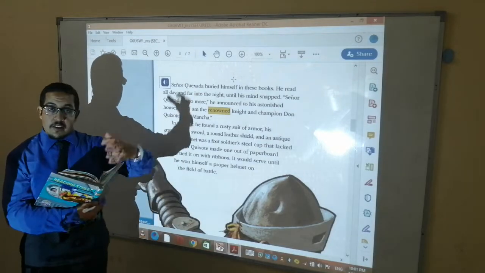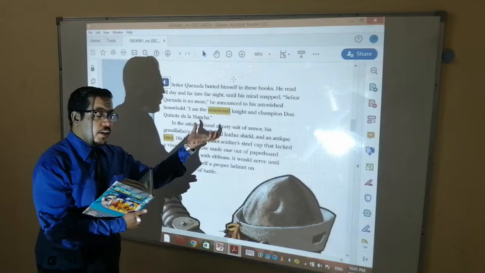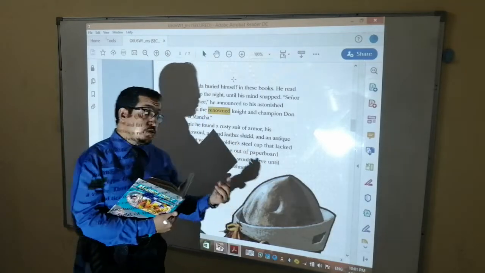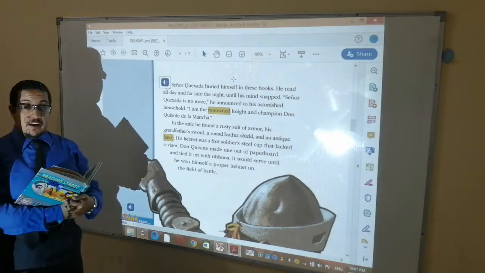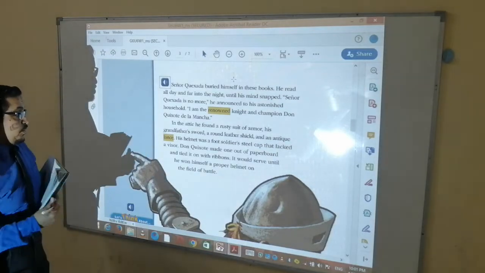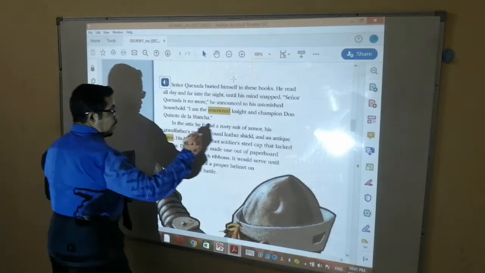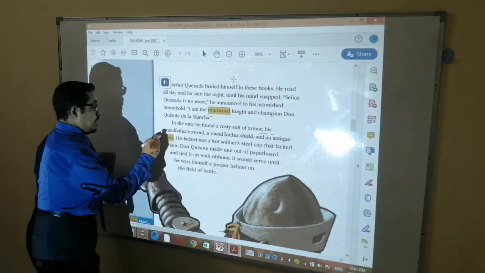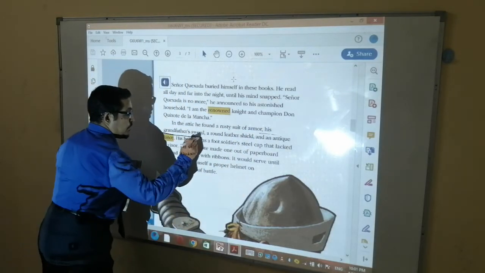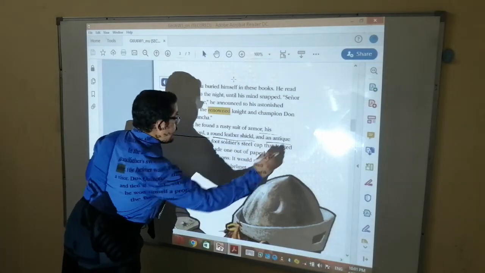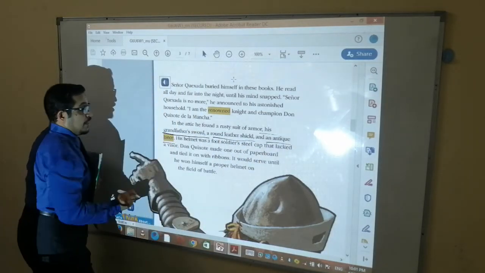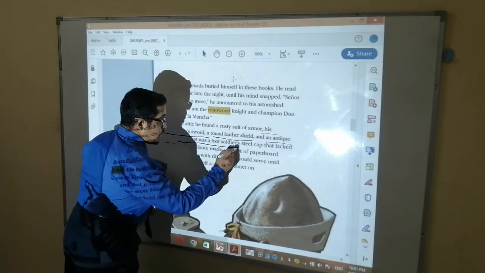He started to collect his things to start to find his windmills, as he imagined them like giant monsters. So what did he collect here? He collected, as he said, his grandfather's sword, a round leather shield, and an antique lance. His helmet was a foot soldier's steel cap that lacked a visor.